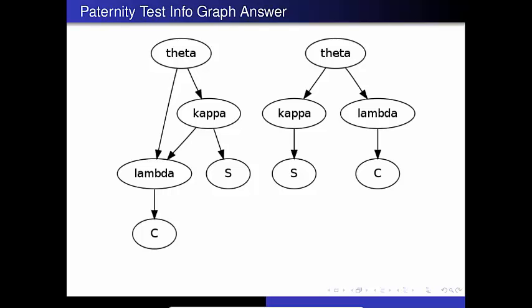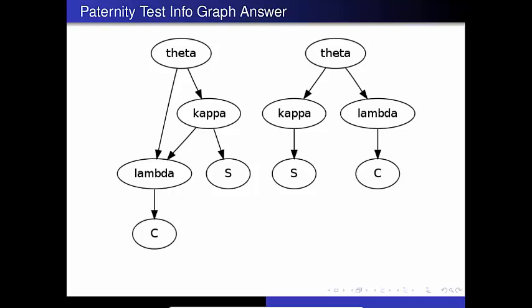Question? Did we need to include a line from theta to lambda? Okay, that's a really good question. Do we need to include a dependency of theta going to lambda? This really is the implicit representation of mom in this information graph.